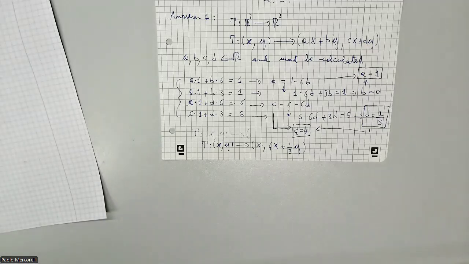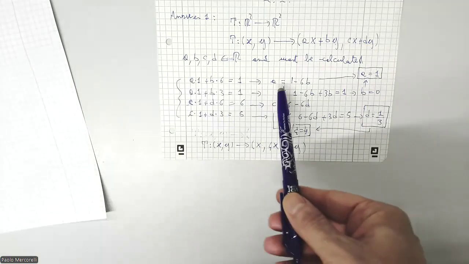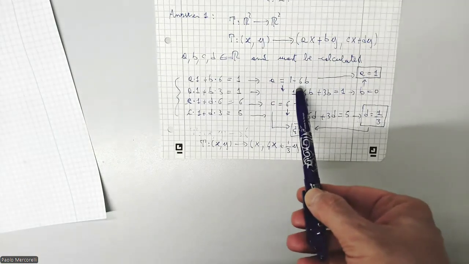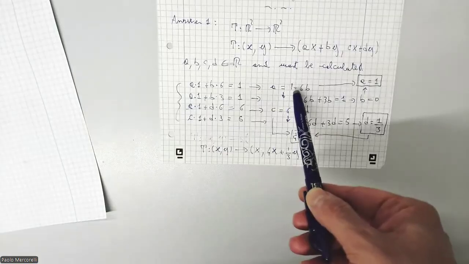Now, from here it is a gymnasium exercise, no? Because look, for instance, from the first equation, I can write A equals 1 minus 6b.